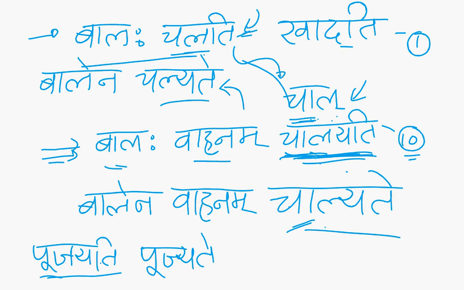Now, what if the original dhatu itself is churadi gana? If it originally belongs to some other gana, not the 10th gana, then its derived form comes into the 10th gana. Derived means preranarthaka derivation. There are other derivations also, but now we are focusing on the preranarthaka derivation.